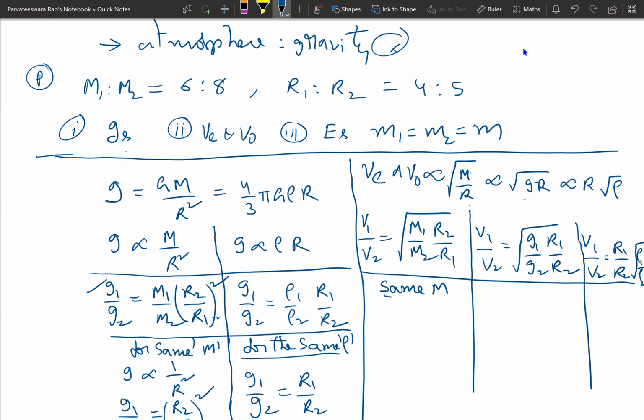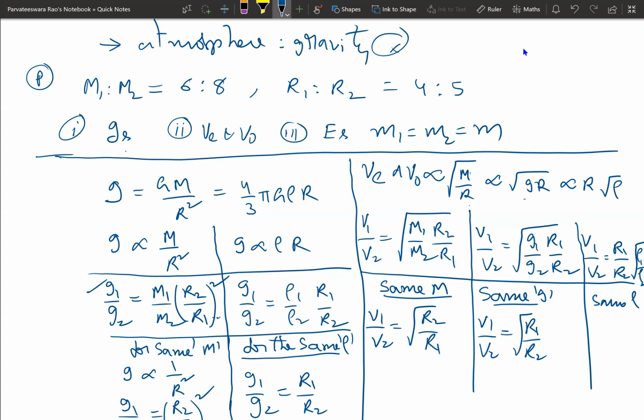Sometimes he says two planets have same mass. Then V1 by V2 is root of R2 by R1. Two planets with same acceleration due to gravity: V1 by V2 is root of R1 by R2.